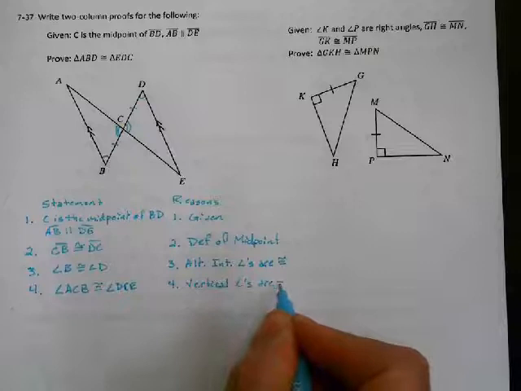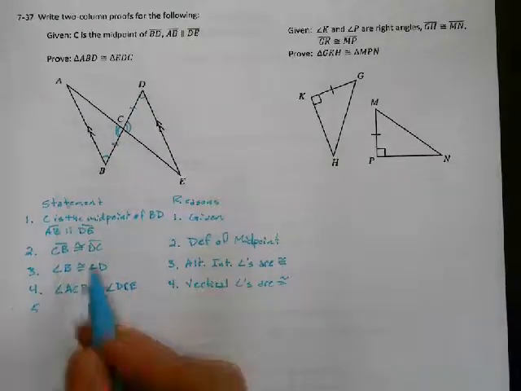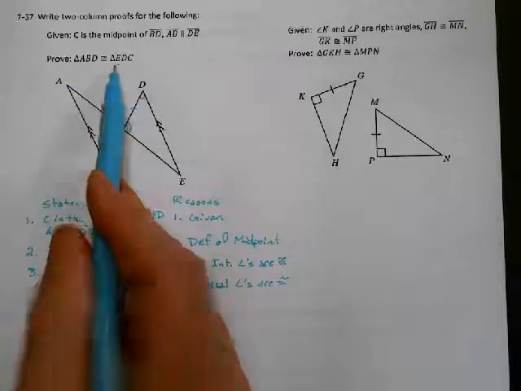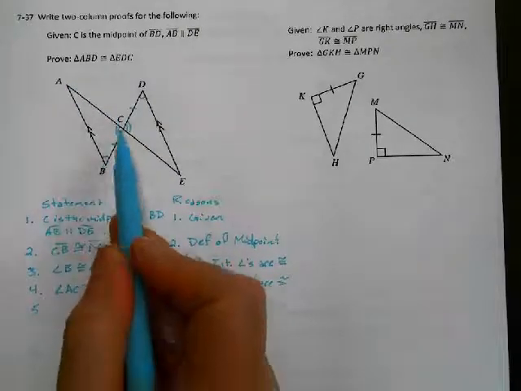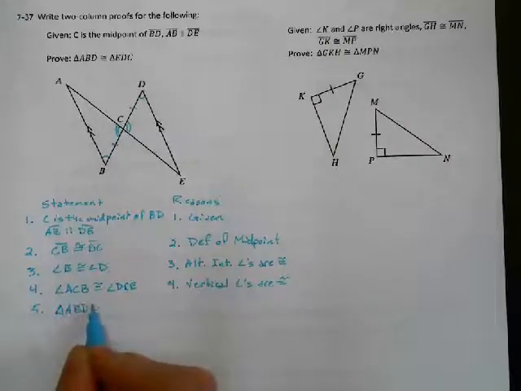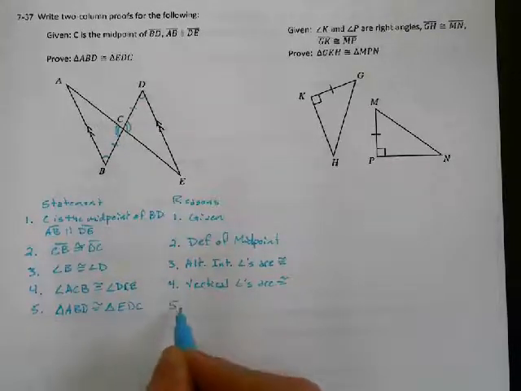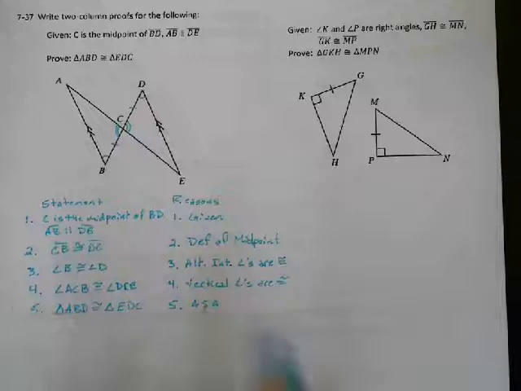And lastly, now that we have three things proven congruent, we can say that these two triangles are congruent. And we said we were using angle, side, angle. So triangle ABD is now congruent to triangle EDC by angle, side, angle. And there's a two-column proof.